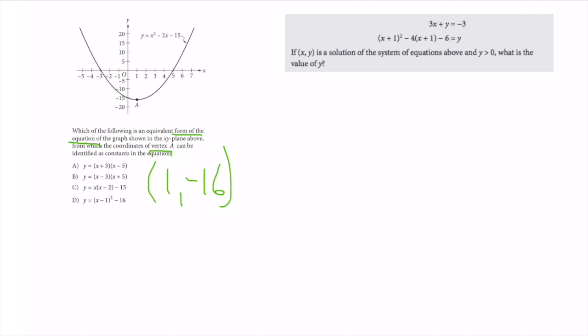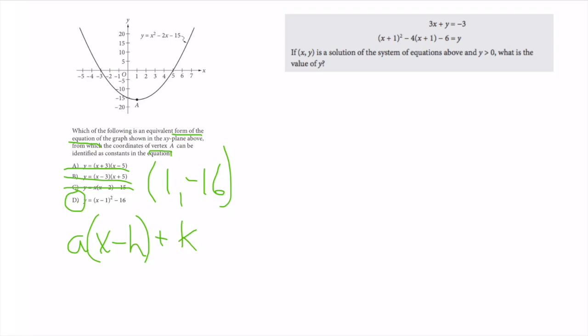Looking at the answers it gives me, this one doesn't have a 1 or 16, neither does this, neither does this. So just by process of elimination, my answer here is D. And vertex form, I remember, is a(x minus h) squared plus k.